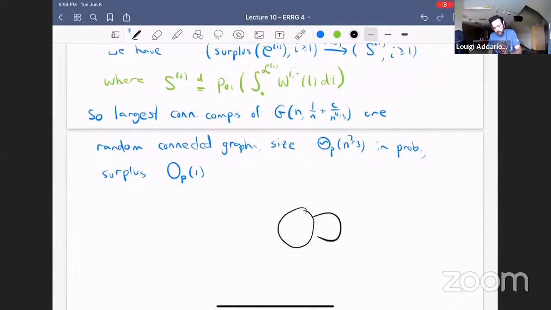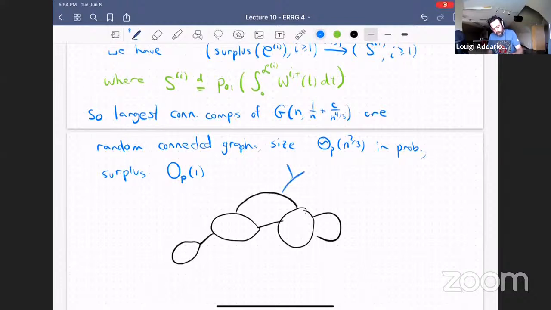You start by some random drawing of some 3 regular kernel with random edge lengths, and then you can use the stick breaking construction to decorate that with a bunch of pendant trees hanging off of it.